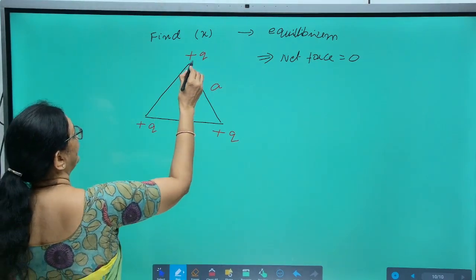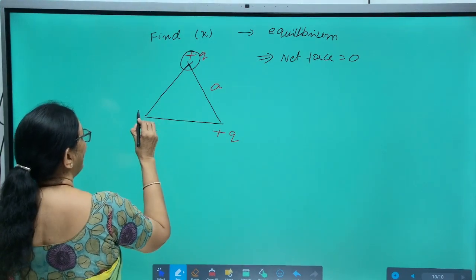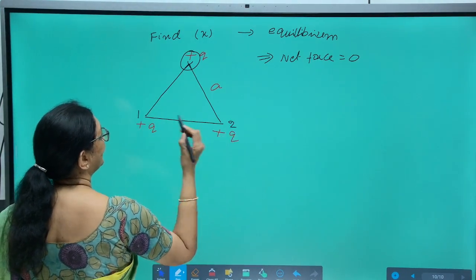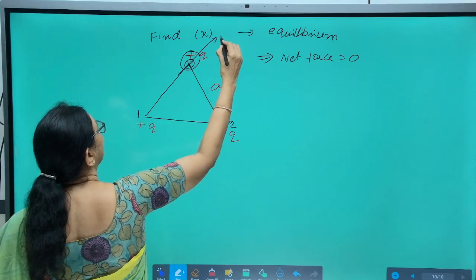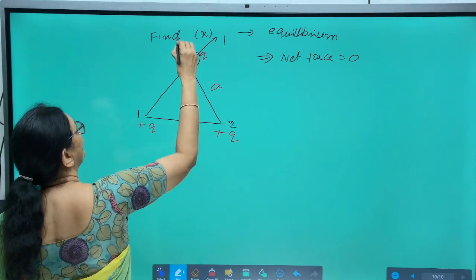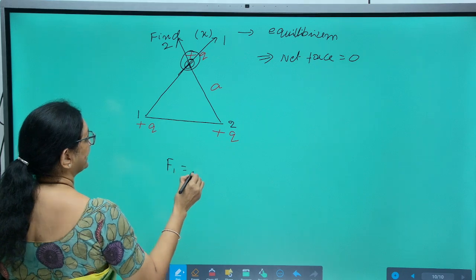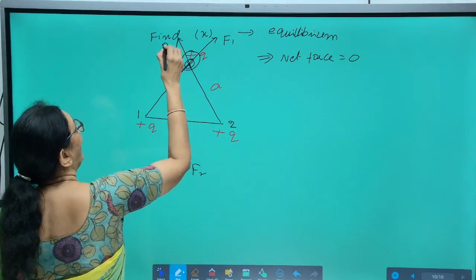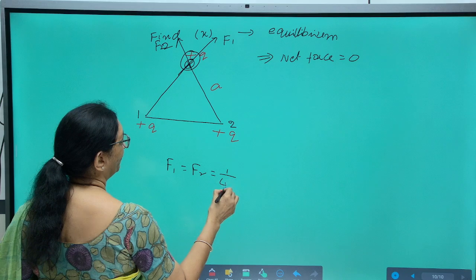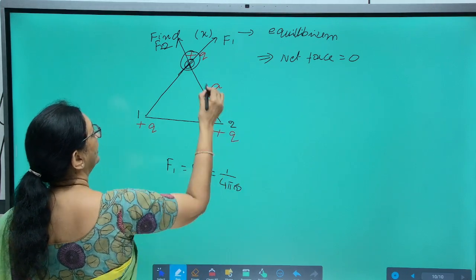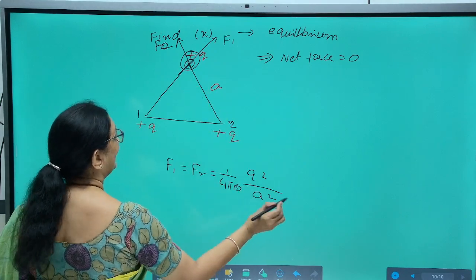So, let us try to find out the force on the charge placed at this corner. Let us name this corner as 1, this corner as 2. On this charge, this exerts repulsion in this direction, this charge also exerts repulsion in this direction. Both those forces F1 and F2 are equal in magnitude, that is 1 by 4 pi epsilon naught Q1 Q2 by the distance A square.